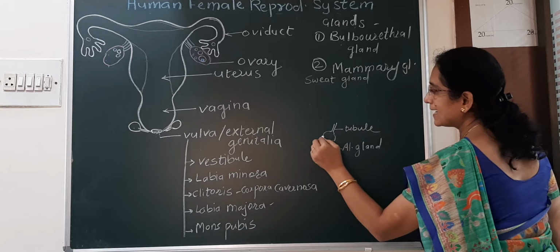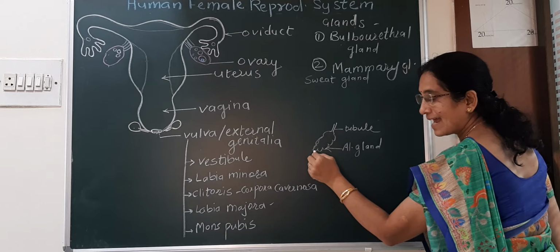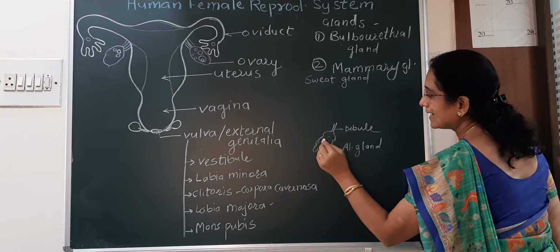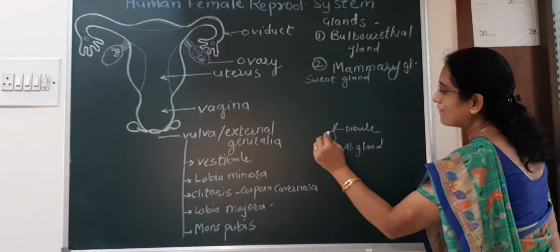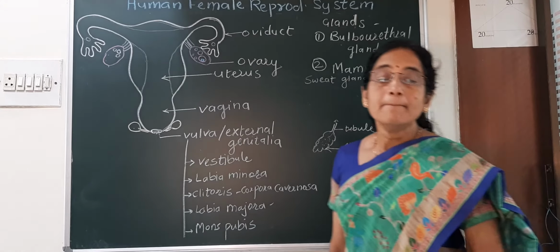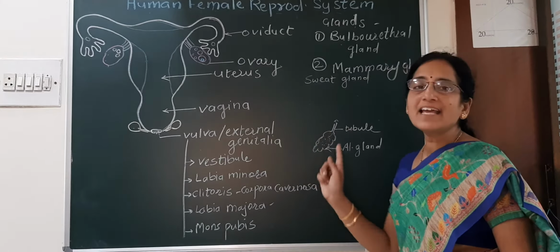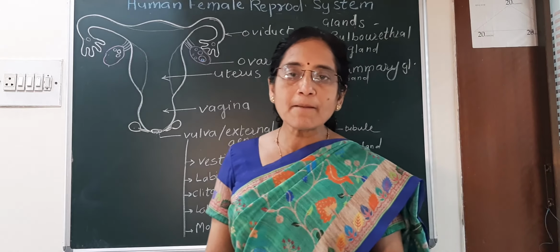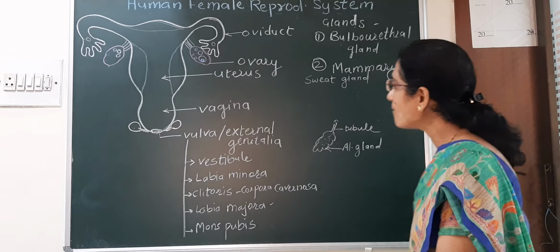Milk is secreted by the alveolar gland and collected in the alveoli, and from the alveoli it is given out through the tubule. Many tubules of many alveolar glands come together to form the mammary duct.